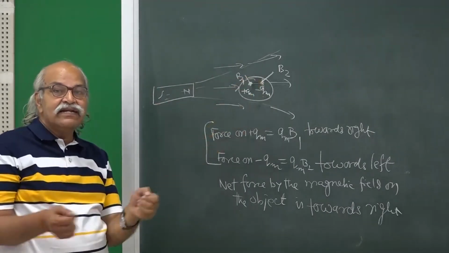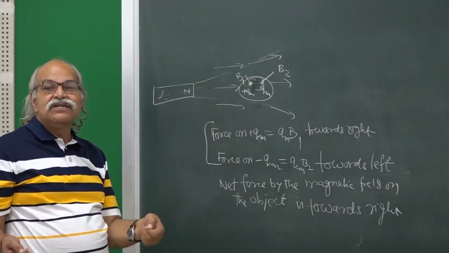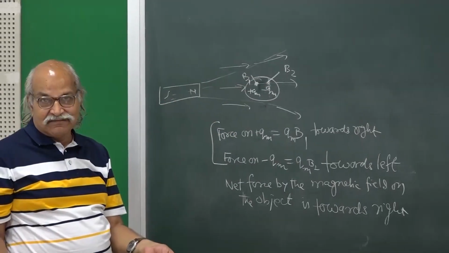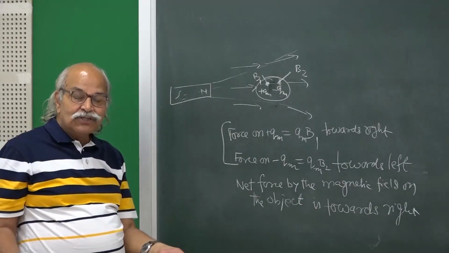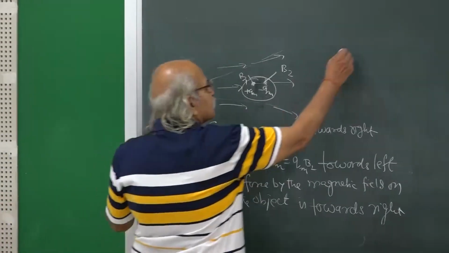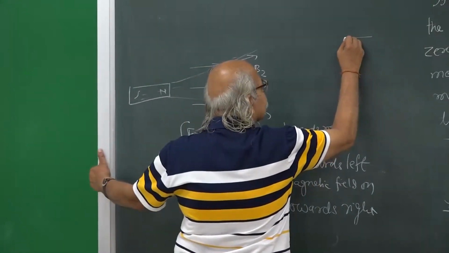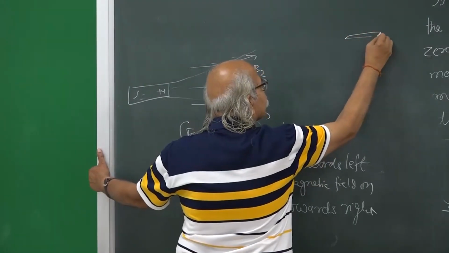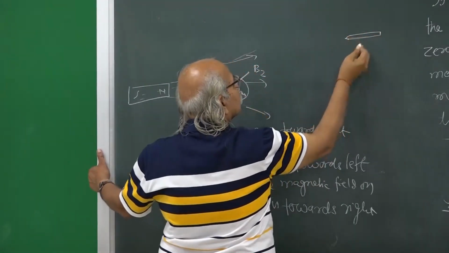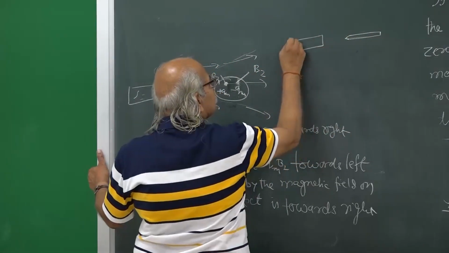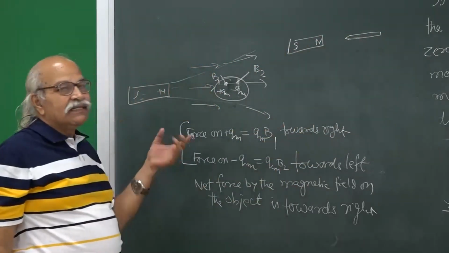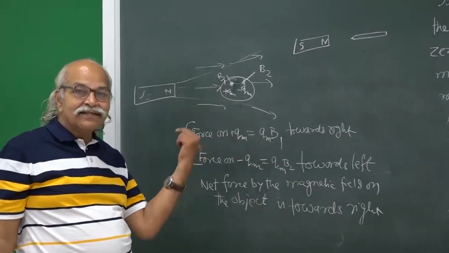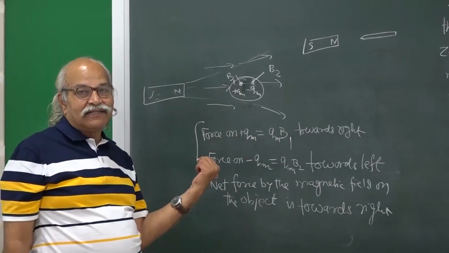Our iron nail is also initially unmagnetized, but when we bring a magnet close to it, let us say this is the iron nail, and then if this is the magnet, invariably the iron nail is attracted towards the magnet.